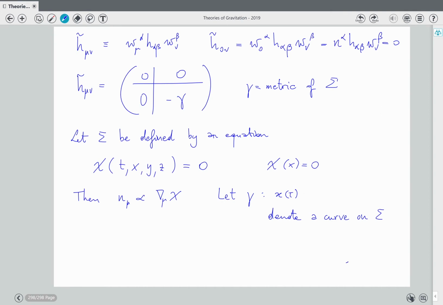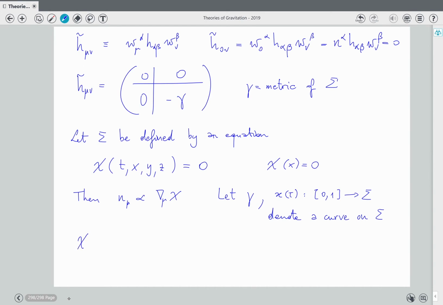In this case, it will be the submanifold sigma. Then gamma, the curve, is on the submanifold.